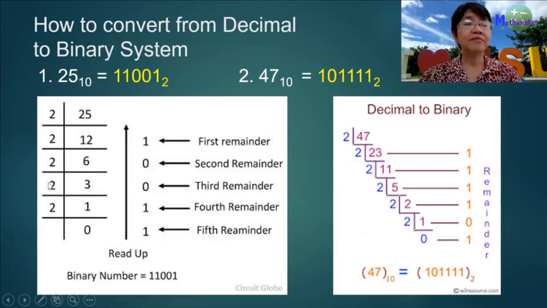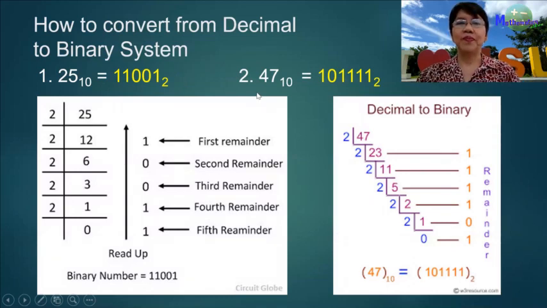And 3 divided by 2 is 1, and you have a remainder 1. And 1 divided by 2 is 0. So the 1 here becomes the remainder. So this is the fifth remainder, but you read upward, and the answer is 11001 base 2.